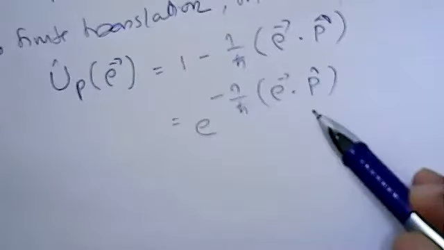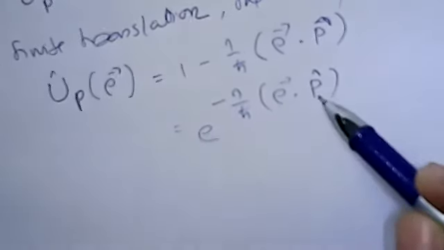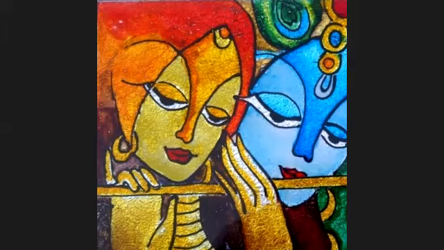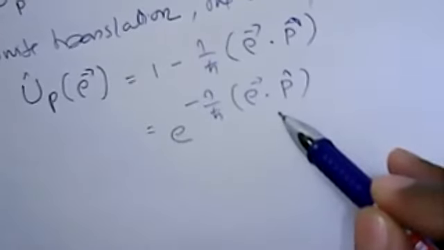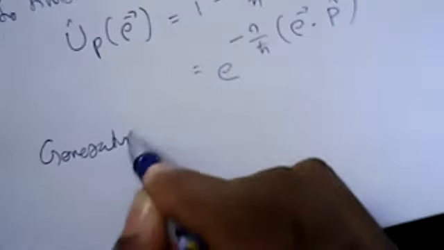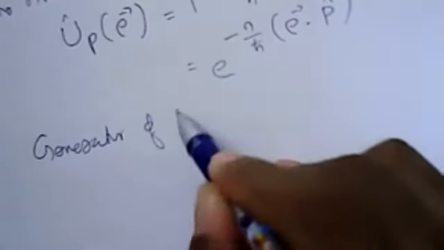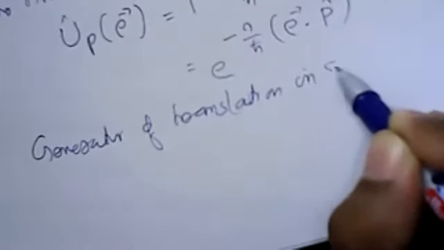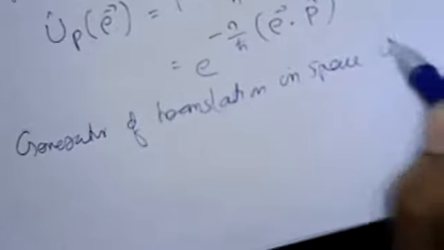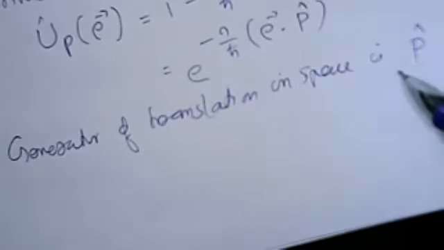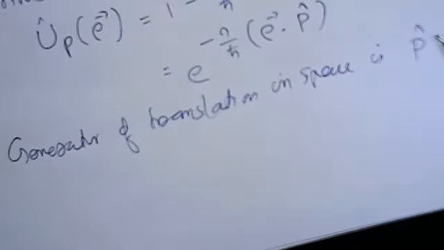From this equation, it is this one, P. P is the generator of translation in space: the linear momentum operator actually generates translation.